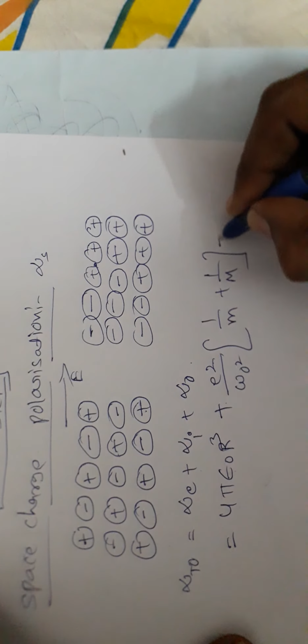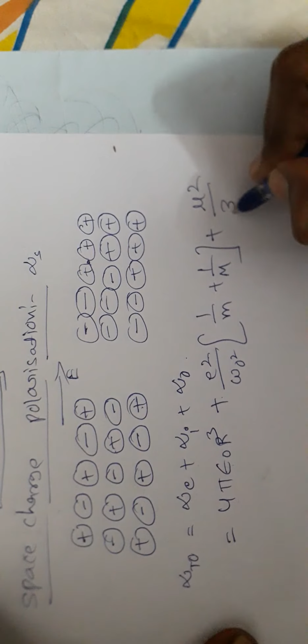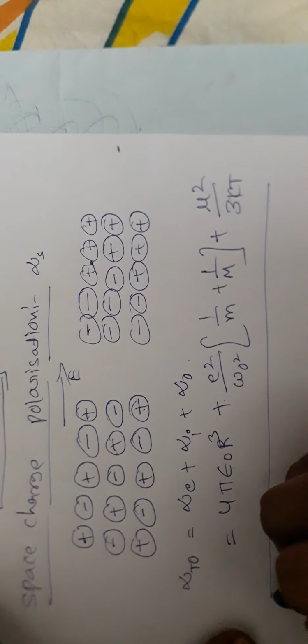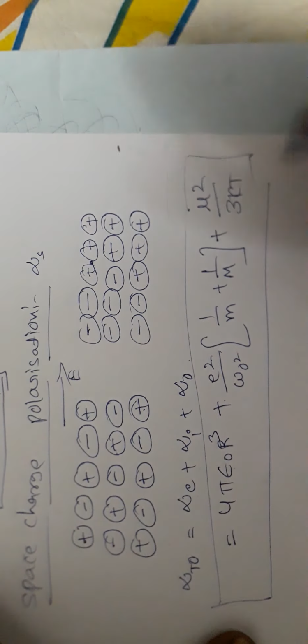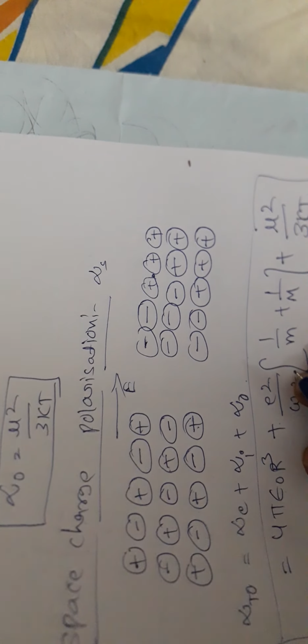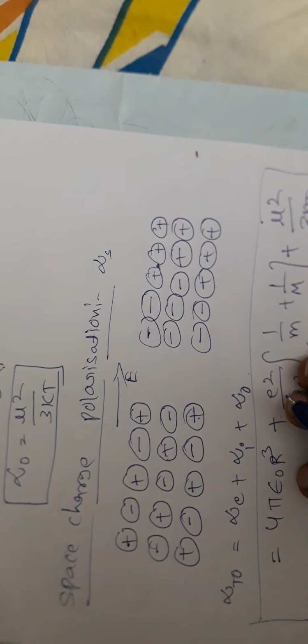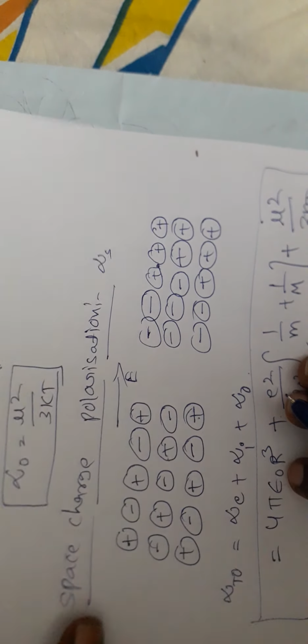Next, plus mu square by 3kT. This is the total polarizability. So this covers electronic polarization, ionic polarization and space charge polarization. Electronic and ionic are both important for your exam.